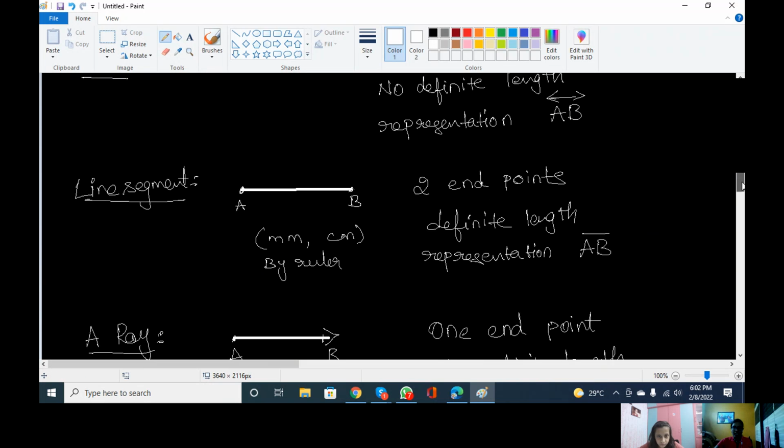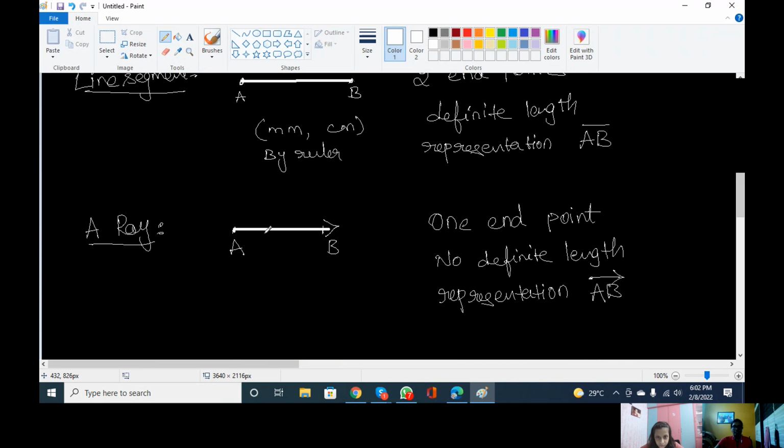Next one is a ray. A ray will be like this, one side an arrow and one side a starting point. So there is only one endpoint for the ray, that is the starting point, and on the other side you can extend as much as you want. Sometimes you may have seen direction boards on the road.